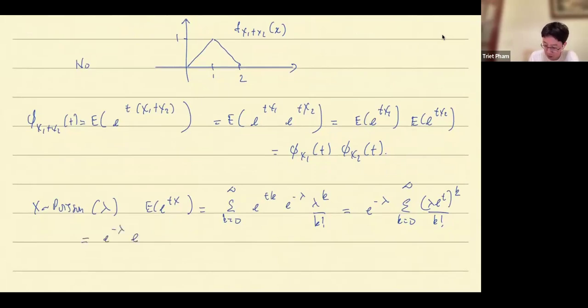So we get e to the lambda e to the t minus 1. That's the moment-generating function of a Poisson.